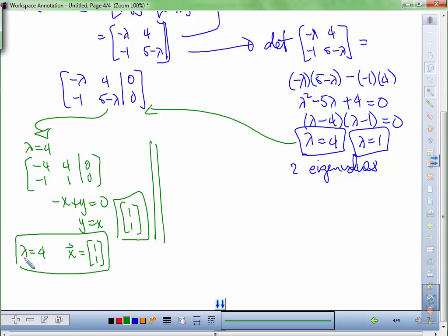And then now you have to find your corresponding eigenvector when lambda is equal to 1. So that's minus 1, 4, minus 1, and then you put 1 here, you get 4 again. So we have minus x plus 4y equal to 0.